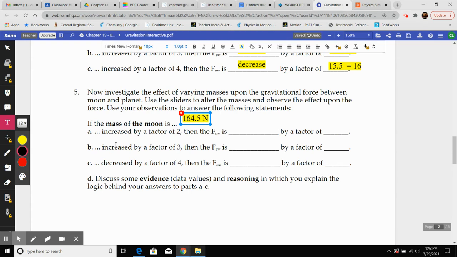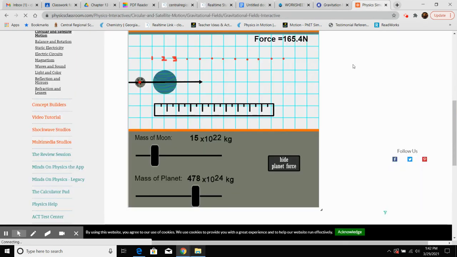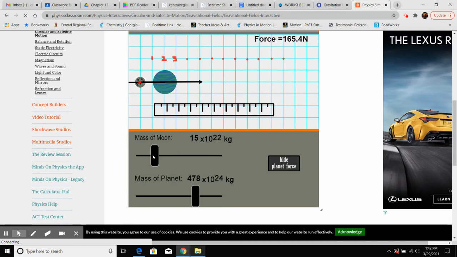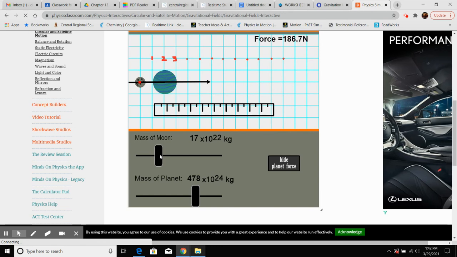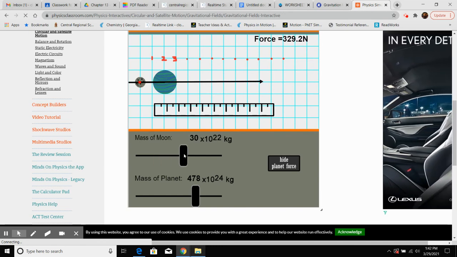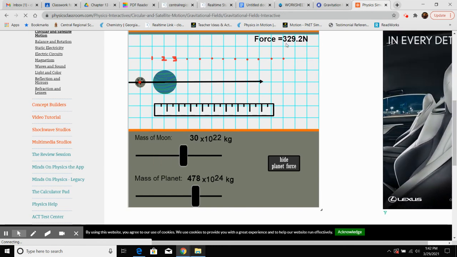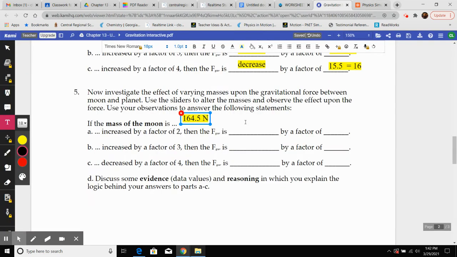Okay, so when I increase the mass of the moon by 2, what's going to happen? So what's 2 times that? Maybe 30. And now I'm at 329.2.